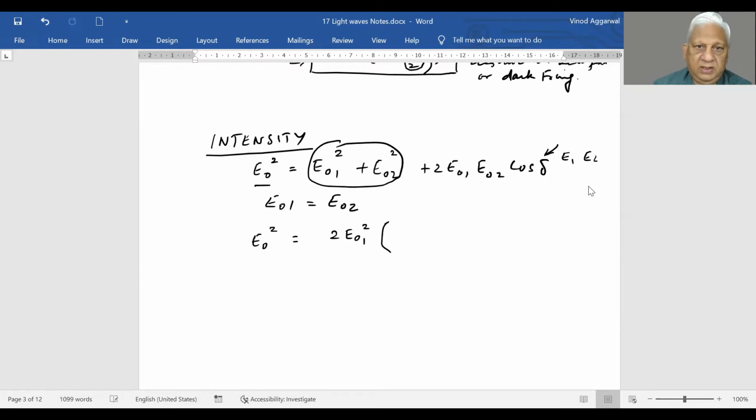This and this get added, giving 1 plus this, and this and this will become 2E01 square cos delta. So this we have taken out, and this is cos delta. We know intensity is proportional to the square of amplitude. So we can also write this is the final intensity. This will represent the initial intensity.